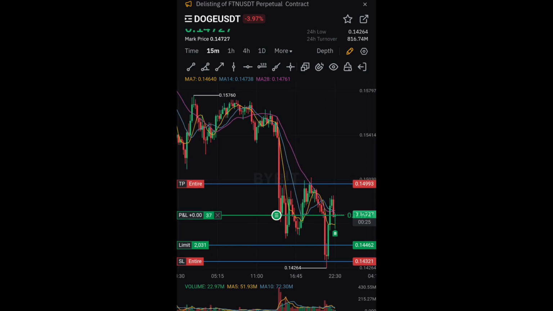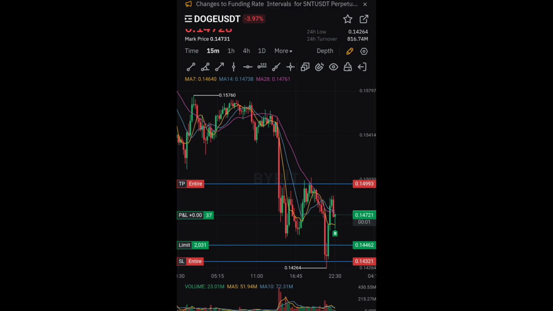So what you're going to do, you'll be using this price, and where you put your take profit will be your stop loss. Where you put your stop loss will be your take profit. It's the opposite, right? Because you are actually predicting that the market will go down.